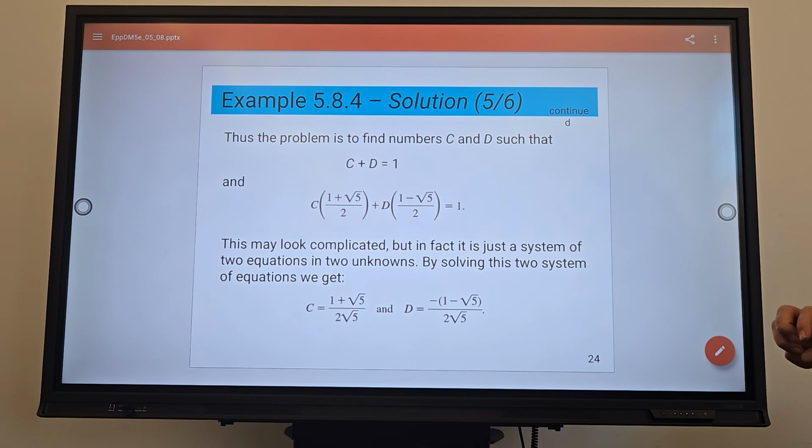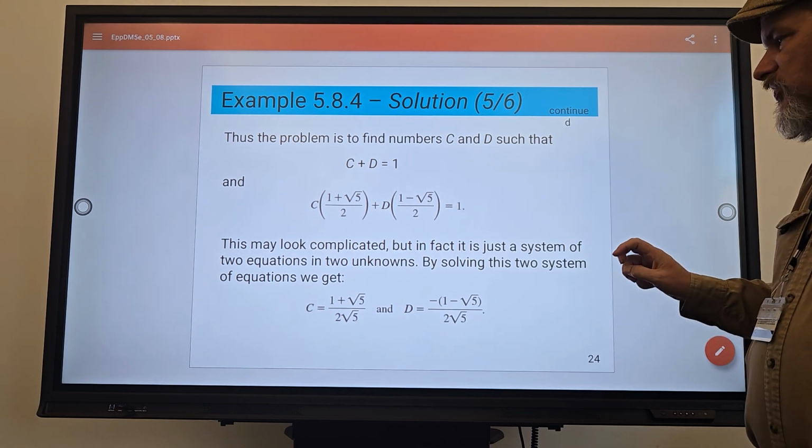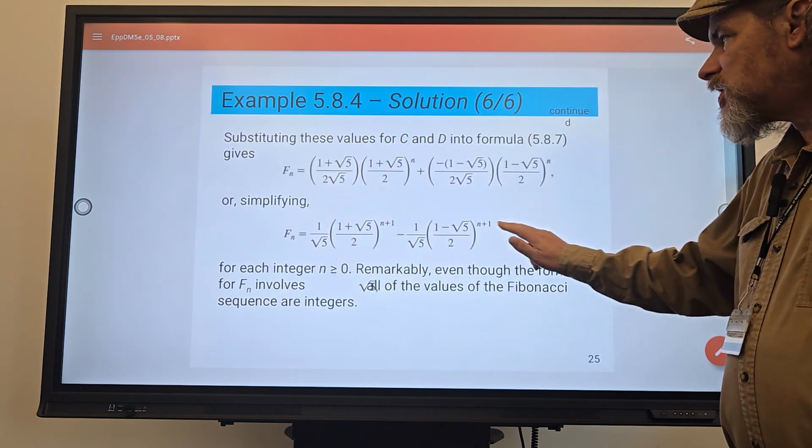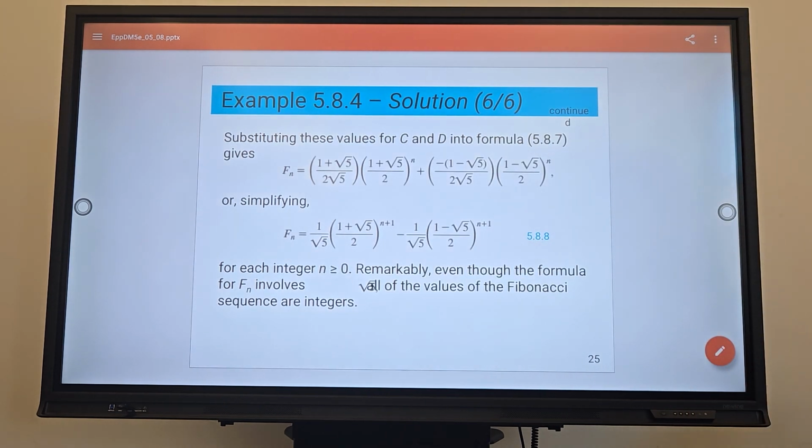Solving this two equation system, we get C equals 1 plus the square root of 5 over 2 times the square root of 5, and D equals minus 1 minus the square root of 5 over 2 times the square root of 5. Substituting these values for C and D into the formula gives this.